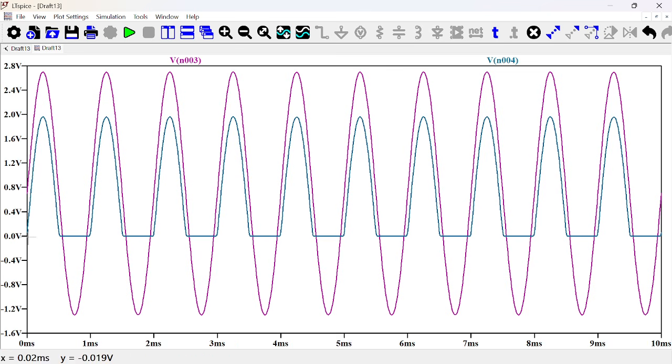Right at the beginning, the output can follow because there is bias. But even with this, when it gets to the negative, as soon as we push beyond 0.6, the output begins to go off.